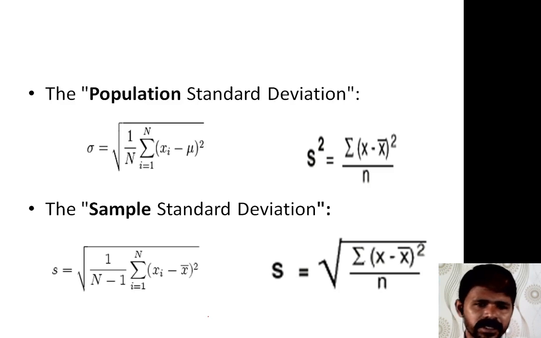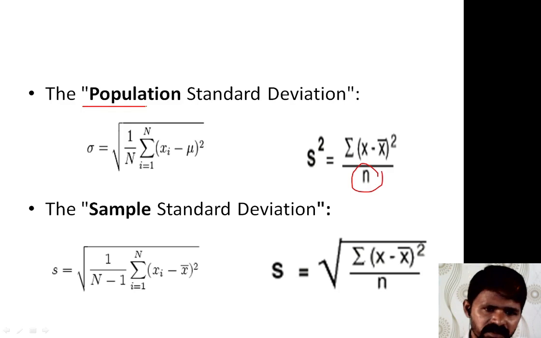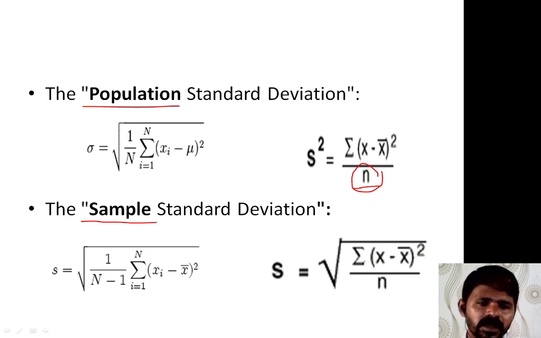Two different categories are there. One is for the population and another is for the sample. If you are calculating standard deviation or variance for a population, you take all the observations. If we are calculating standard deviation for a sample, then we have to subtract 1 from n, that means we write n minus 1.